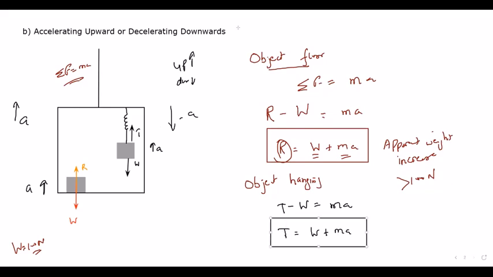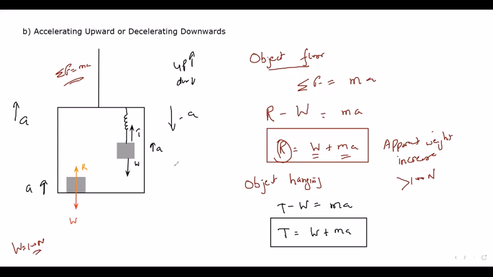Is it clear, this idea? When the lift is accelerating upward or decelerating downward, it appears that our apparent weight, the weight which appears, increases. Yes, gravity decreases with the increase in height, that's true. But what is our assumption?